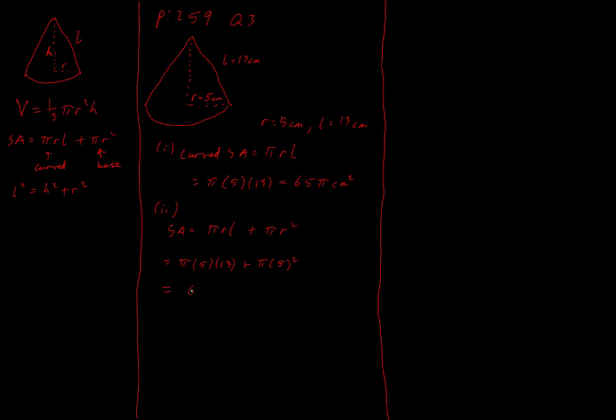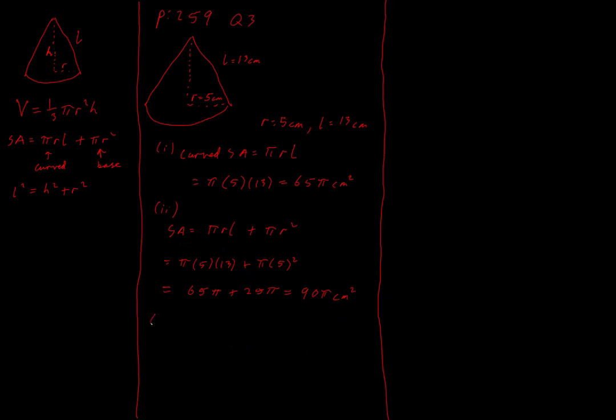So I'm going to have 65 pi plus 25 pi. Again, I don't put the pi's into the calculator because I want them in my final answer. And when I add them up, I get 90 pi. And my units, again, I'm dealing with surface area, so area is centimeters squared.